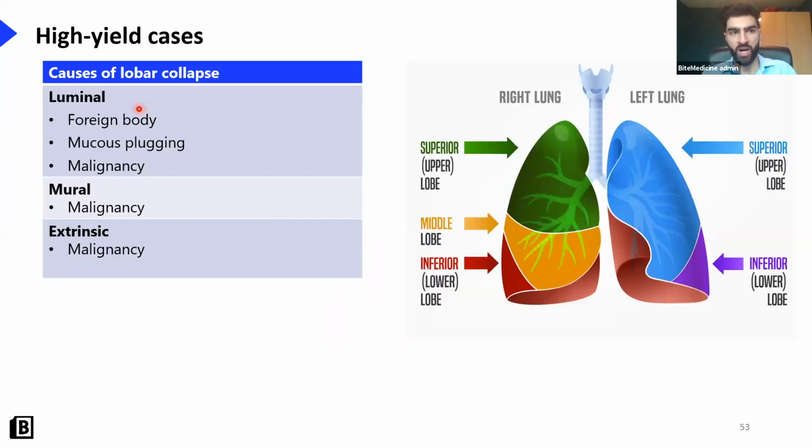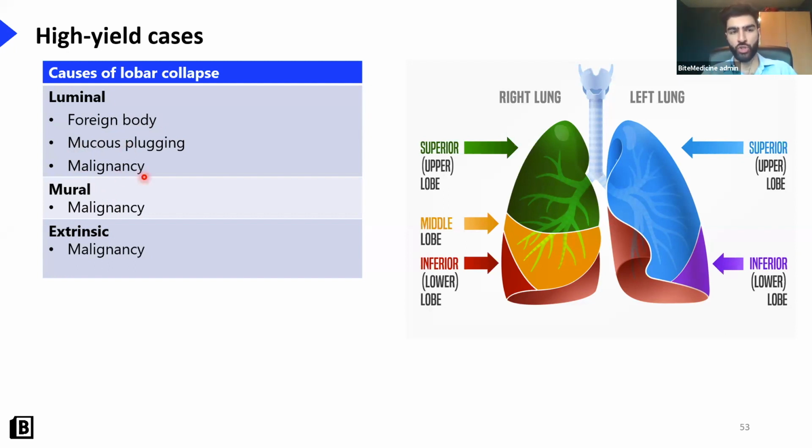So causes of lobar collapse, you can think of luminal, mural, or extrinsic. Luminal means within the airway. You can have a foreign body, particularly common in children who aspirate, they swallow coins and things like that, or the elderly who have poor swallow mechanisms and they're at risk of aspirating. Mucus plugging, so in an infection, mucus can plug the airways and that can lead to collapse.